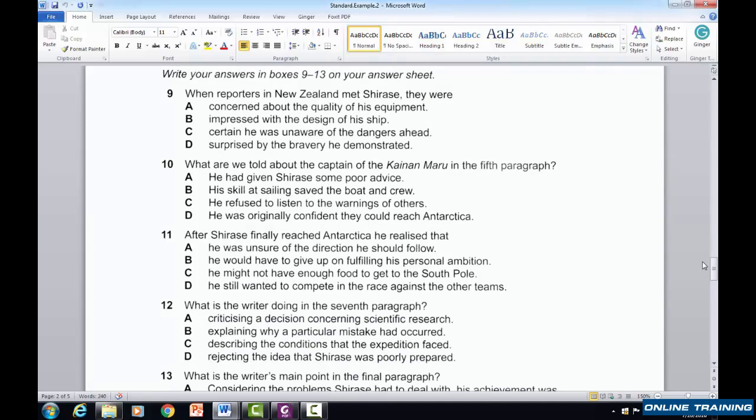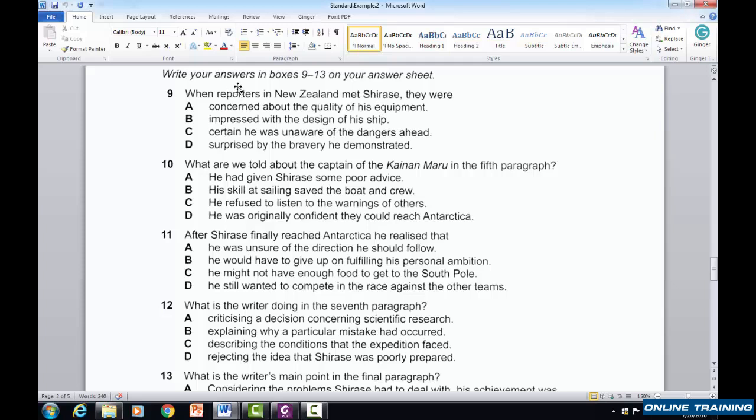So, like I said, the first thing we want to do is look and see which questions are going to be the easiest to do first. And some of these actually have some really good information in terms of being able to find where the information is located. Like number 9, we know is talking about this person, Shirase, and reporters.